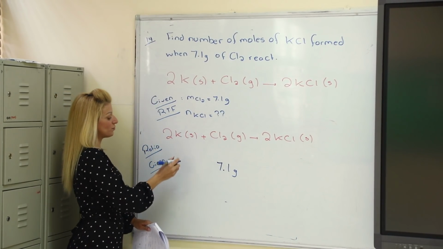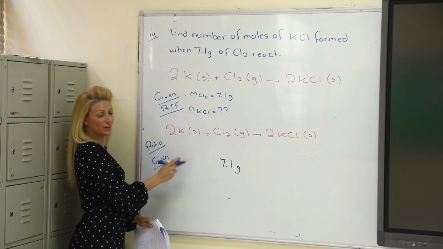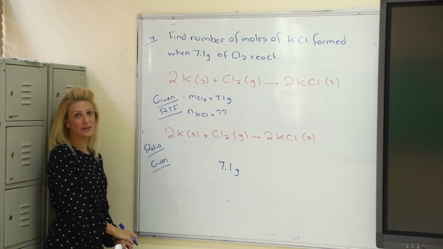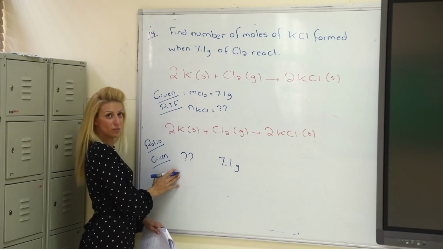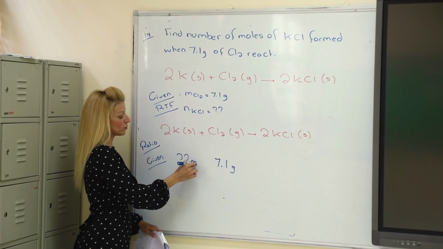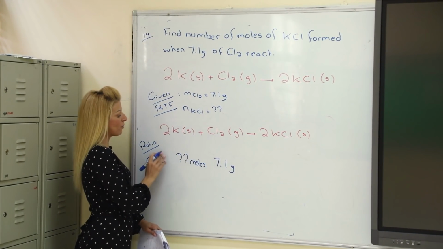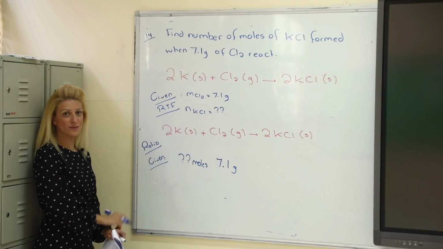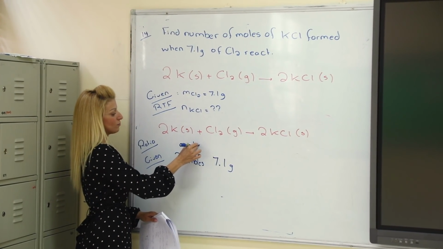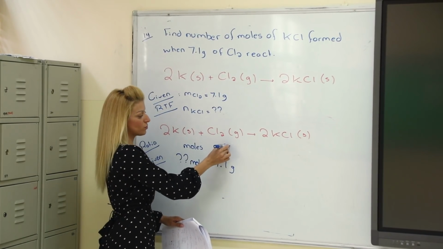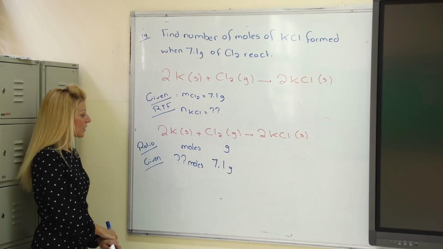We are required to find how many moles of KCl will react with this mass of chlorine. So under potassium, I will put a question mark, how many moles. From our equation, we write the ratio in the same units as the given. So for K, we'll write it in moles, and for Cl2, we'll write it in grams.